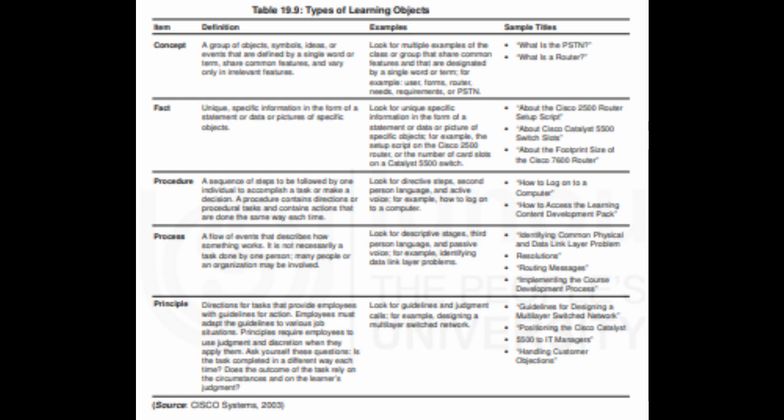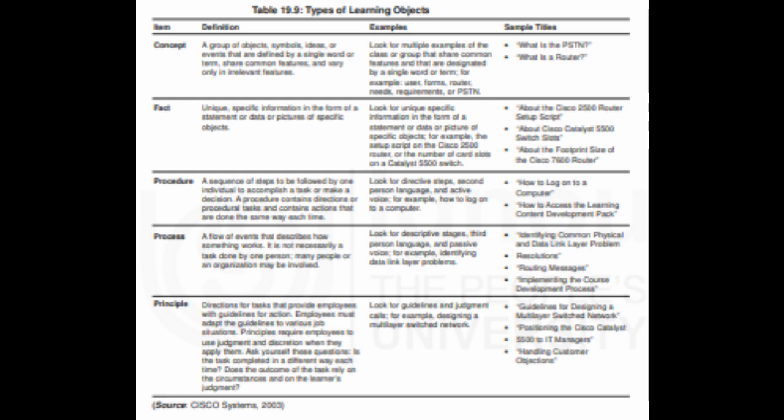Principle. Use a principle RLO when you need to create a job task that requires judgment or when guidelines must be applied to a job situation. Typically, a principle RLO will come after a concept or process RLO. For example, if you are creating a lesson to teach the guidelines for handling employee conflicts, the concept topic titled "What is a conflict?" may be taught first.